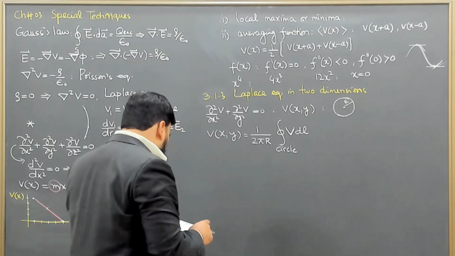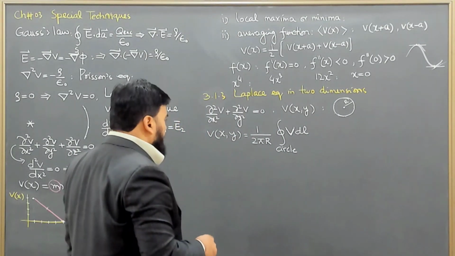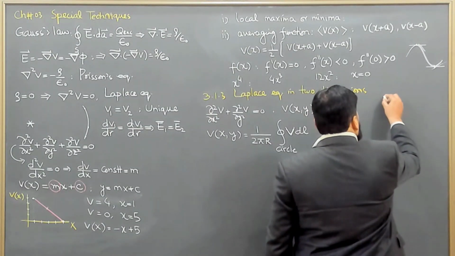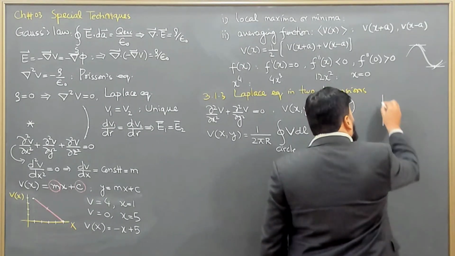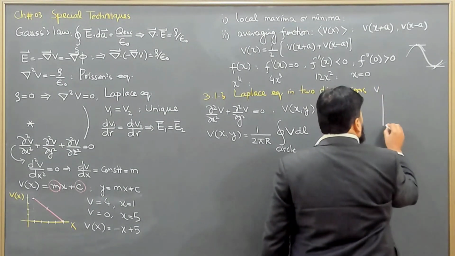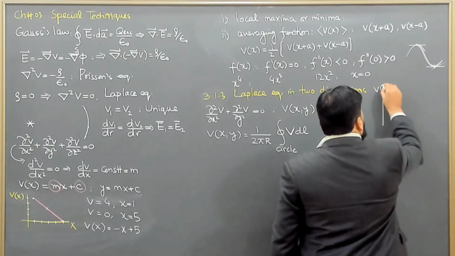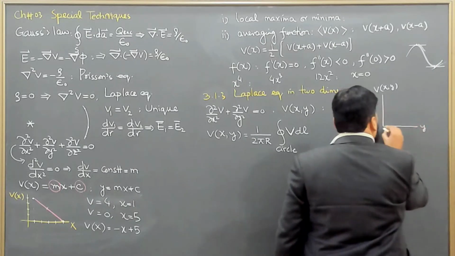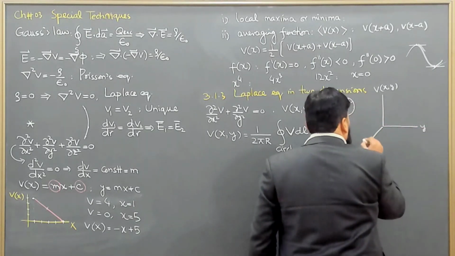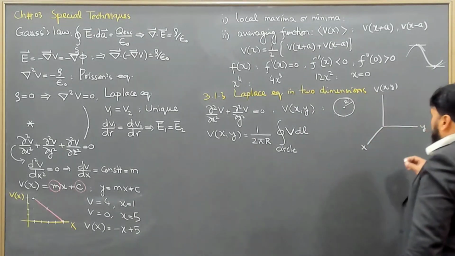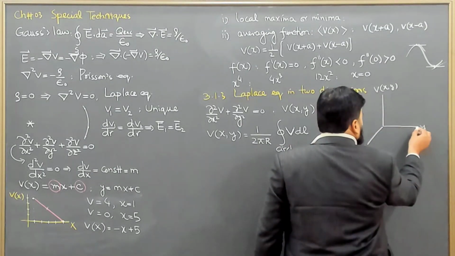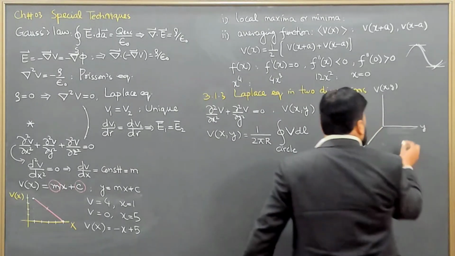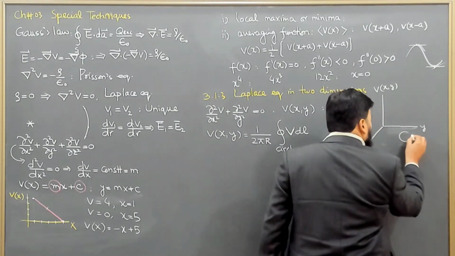It's a kind of like this: if I have V along this axis, and this is V of x,y, and here is y and here is x. Now on this xy plane, let's say I consider a circle.